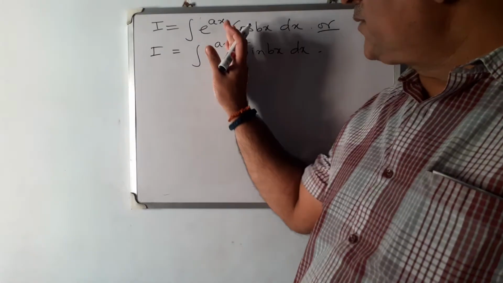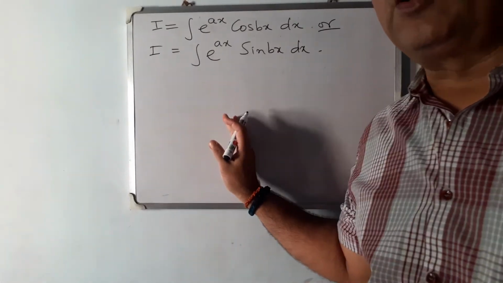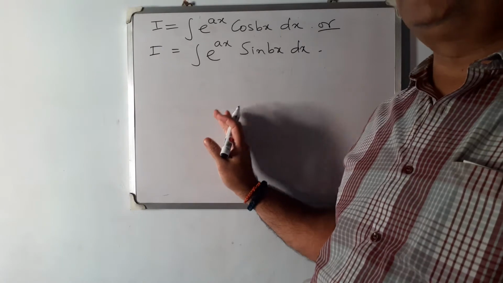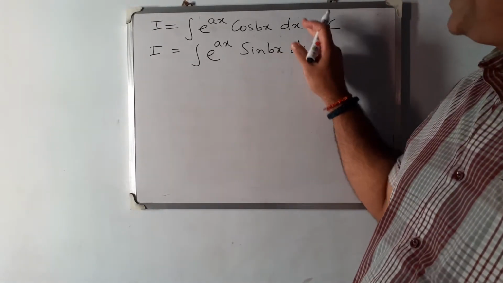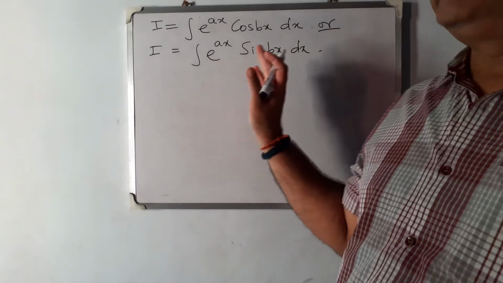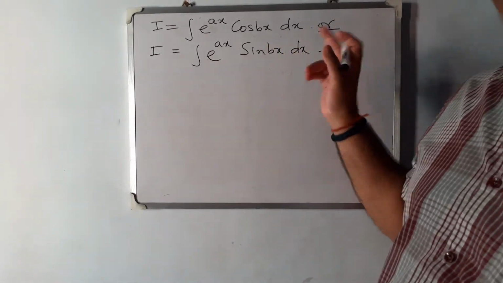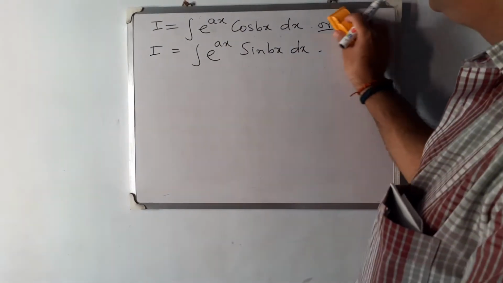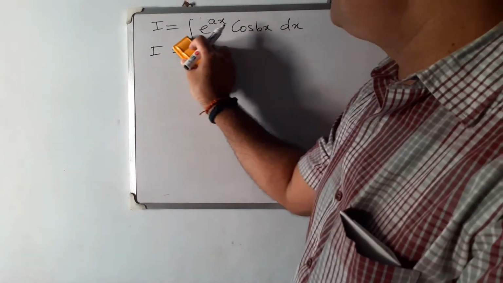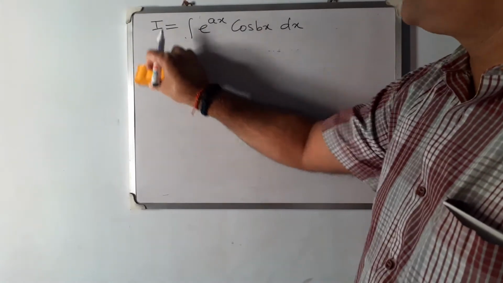This type of integration we have to solve using integration by parts. We will try to solve any one of these two, and similarly you can solve the other one. Let us start with the first integral, that is integral e power ax cos bx dx.